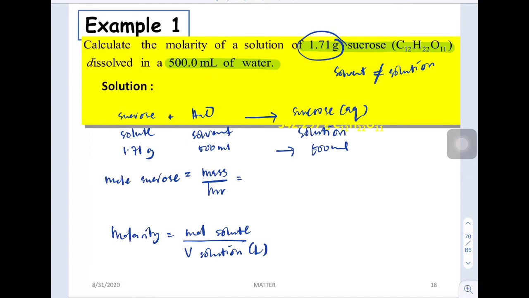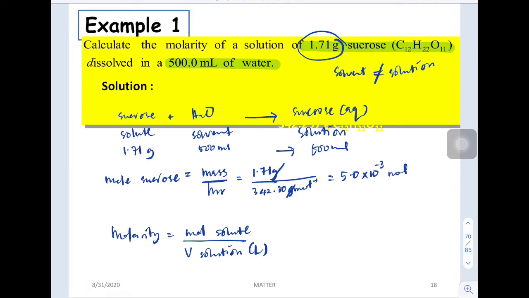The mass of the sucrose is 1.71 gram, divided by the molar mass of the sucrose, 342.30 gram per mole. So gram cancels with gram, and we will get the number of moles of the sucrose as 5.0 exponent -3 mole.